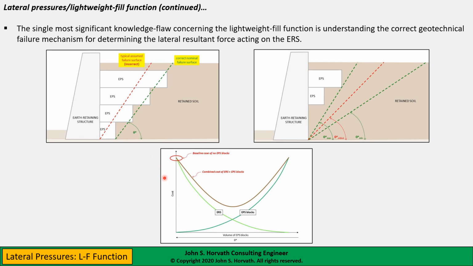Really what you have to add is another vertical axis that shows how, as the cost of the EPS blocks goes up, the safety factor of the earth retaining structure goes up as well. So with an existing earth retaining structure, the challenge is to find what's the minimum amount of EPS blocks you need to achieve some target value of safety factor.